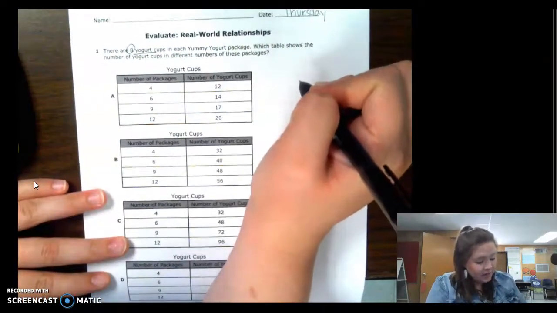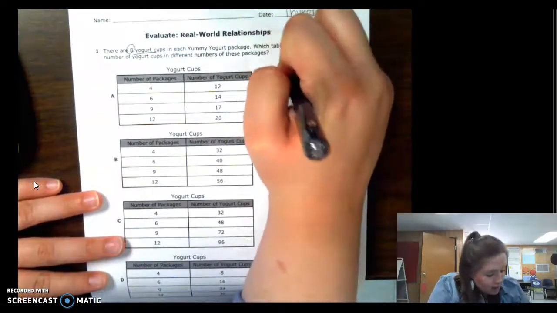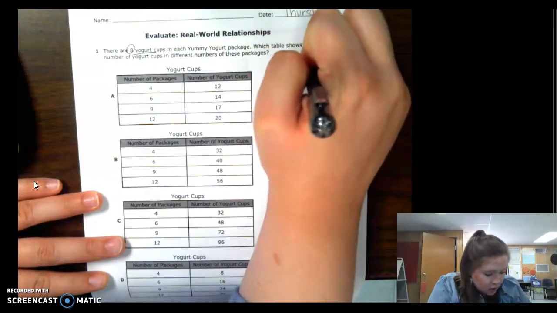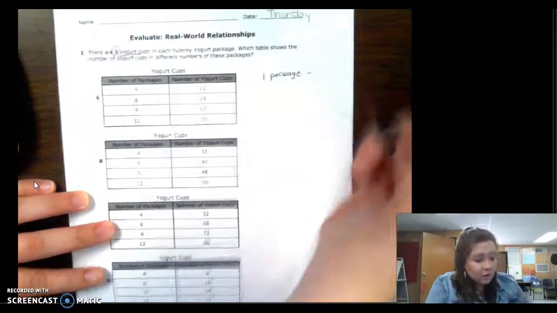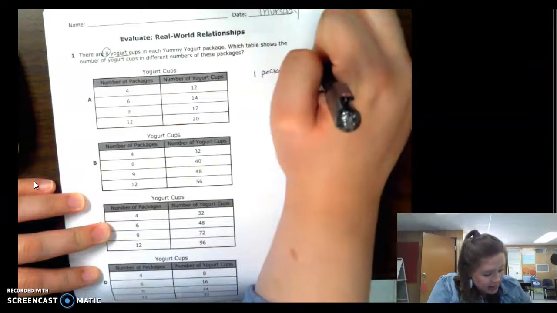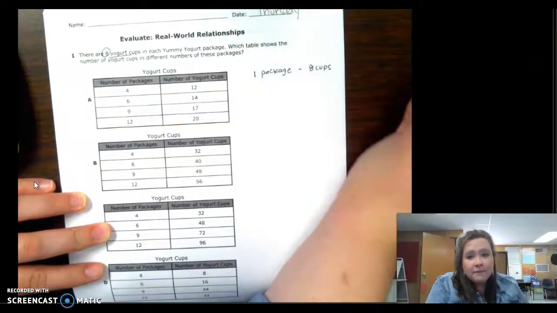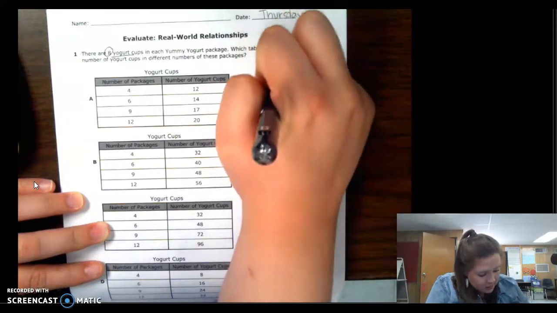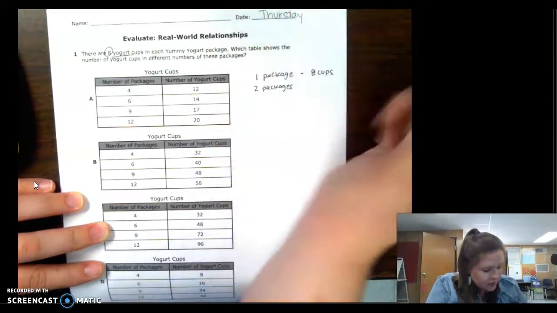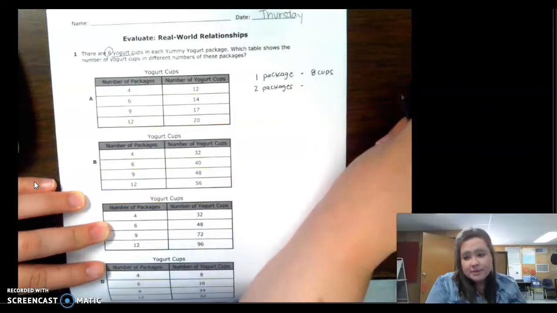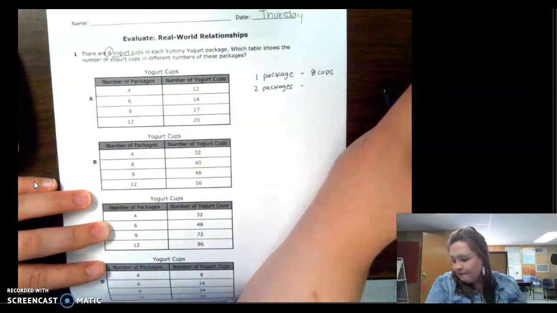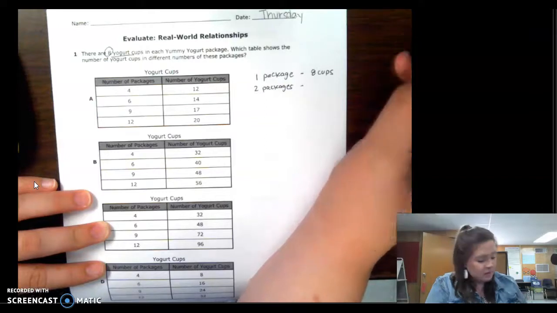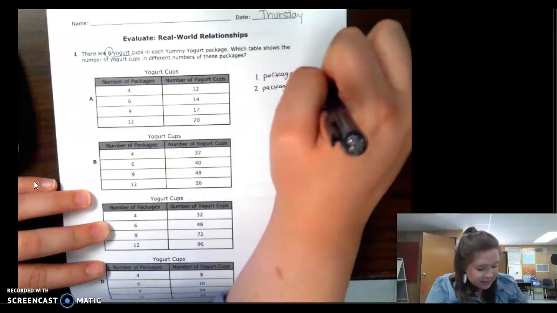So, that means that in one package, there would be 8 cups. All right? In 2 packages, there would be how many cups? Good, there would be 16 cups.